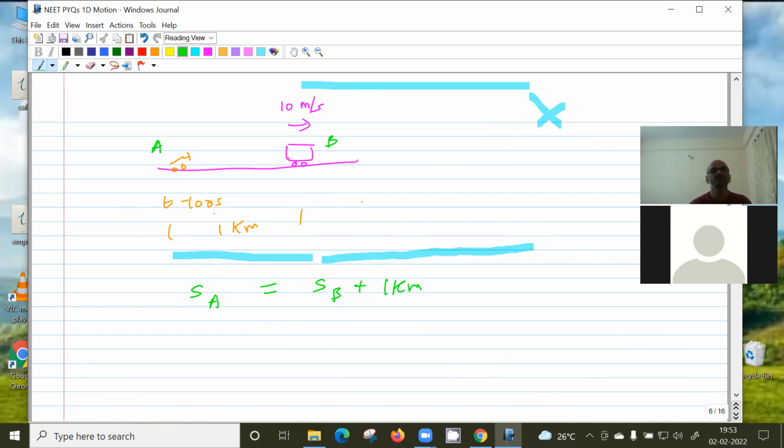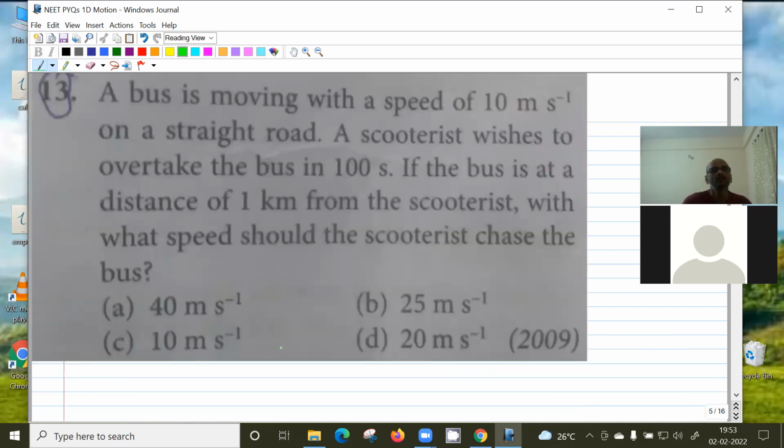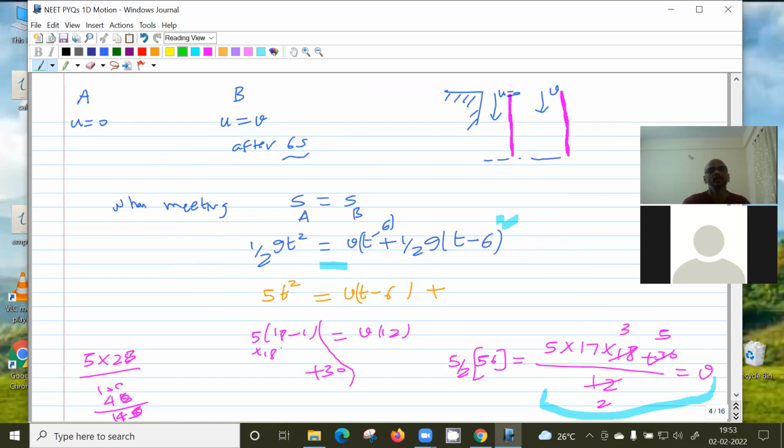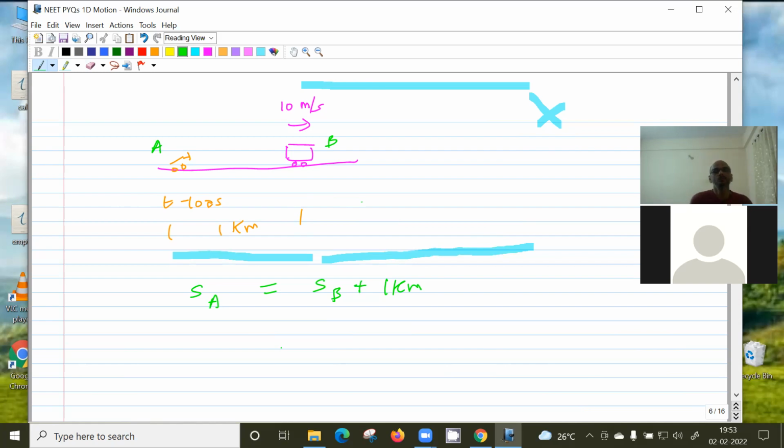And the time for scooter is t minus 100. Both are moving at uniform speed, right? Yes. So obviously the scooter will travel at a higher constant speed.